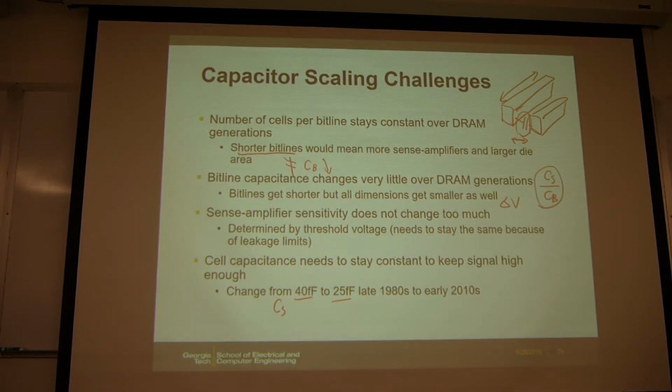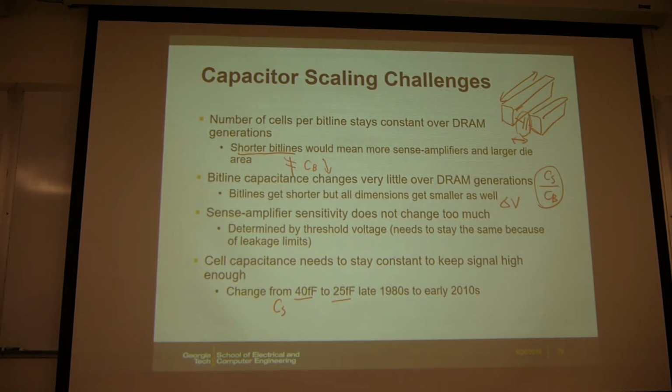So do you see any challenges in maintaining the CS? Any idea? With the scaling? With the scaling, CB doesn't change, but CS naturally will scale, will become smaller. Why is that? If you do nothing, then the CS will become smaller. Why is that? Any idea?